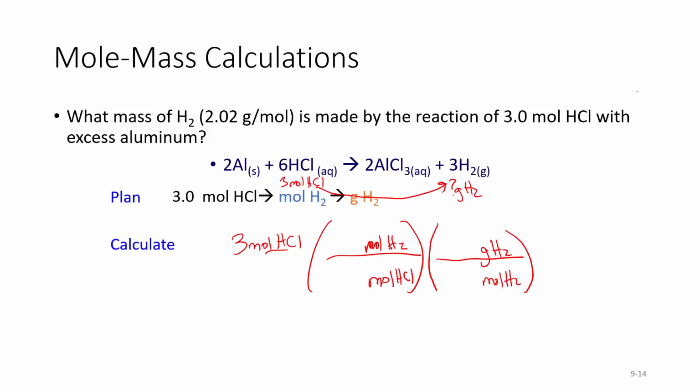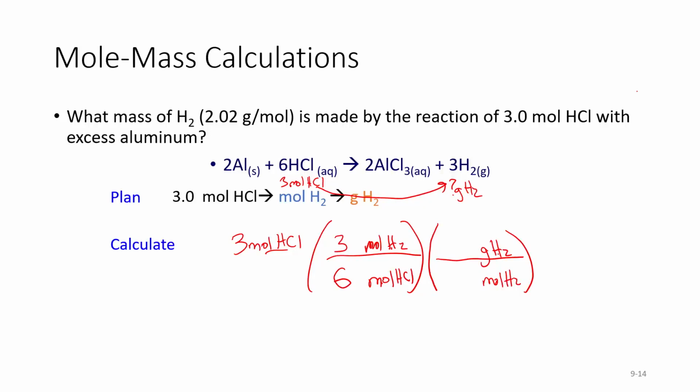Now we have to fill in our unit conversion factors. So looking at this, because we're switching between moles of different substances, we're going to use the coefficients that we have from the equation up here, the balanced chemical equation. So in front of HCl, we have the number 6. In front of H2, we have the number 3.